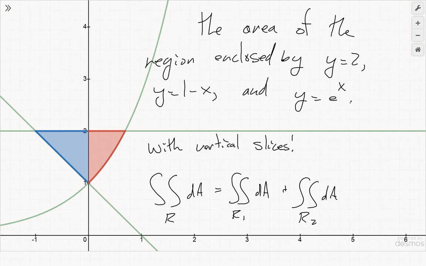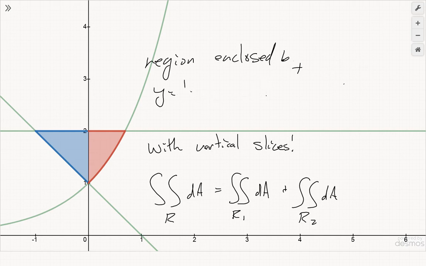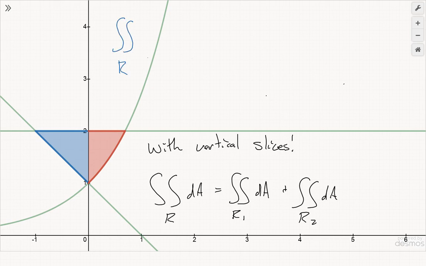So if we do that, we'll have the area of R1. This, just from simple geometry, we could see is 1/2 from the area of a triangle.